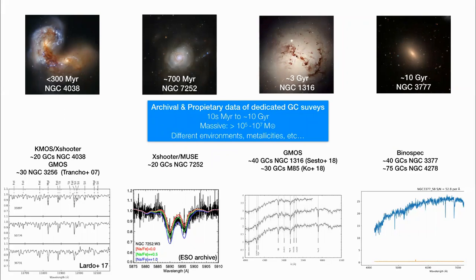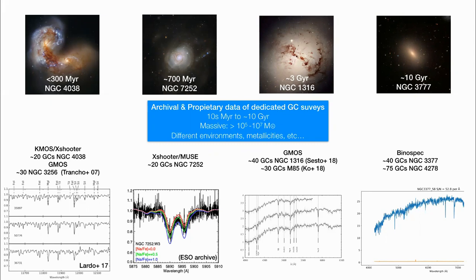Here, for example, I'm showing you a few examples of data that exist already in the literature of clusters at different ages. The idea is, for example, at a given age, at 3 gigayears, to see if we can find this trend with mass, and then compare it with a different age, to see if we find the same trend and can see this trend evolving.